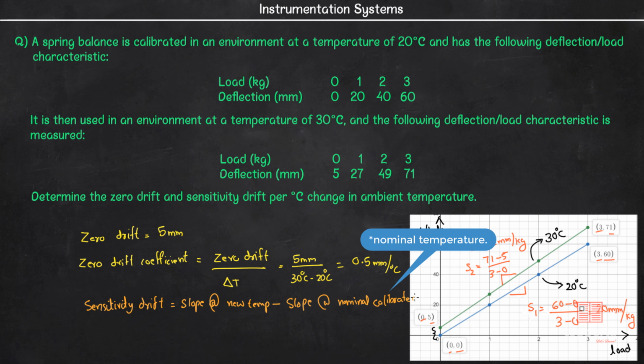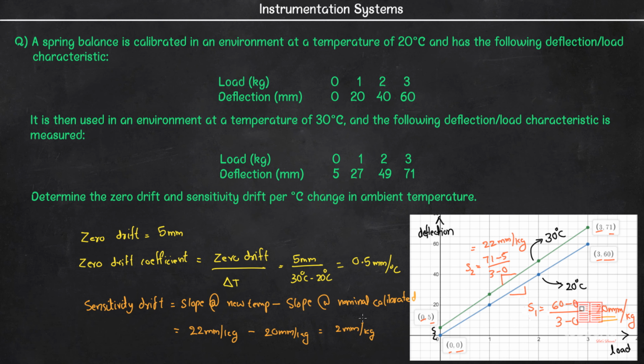Okay, and here the slope at new temperature is 22 mm per kilogram, and the slope at nominal temperature is 20 mm per kilogram, and this is 2 mm per kilogram. So that is the sensitivity drift.